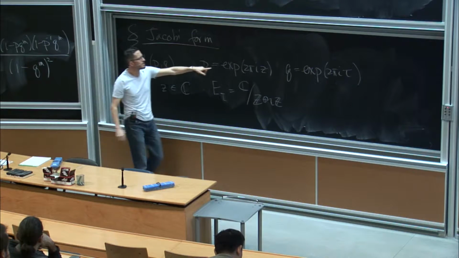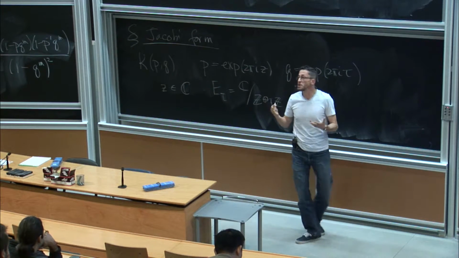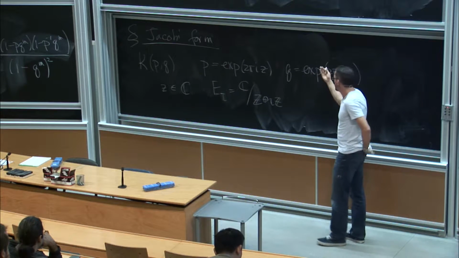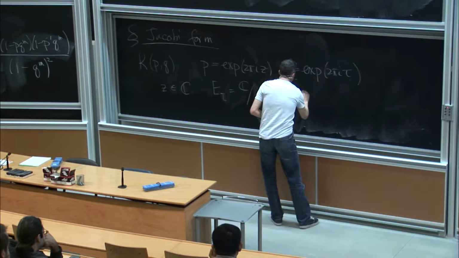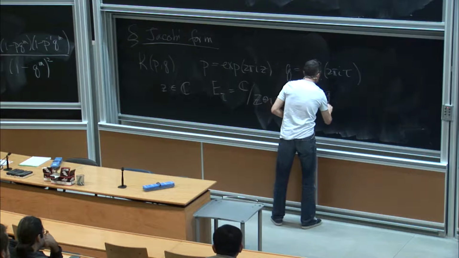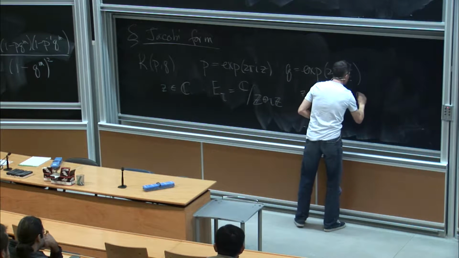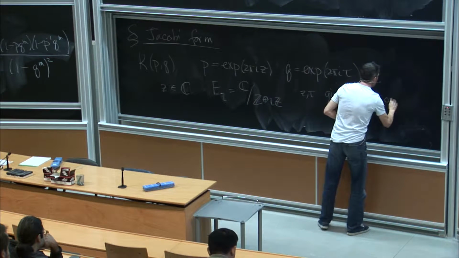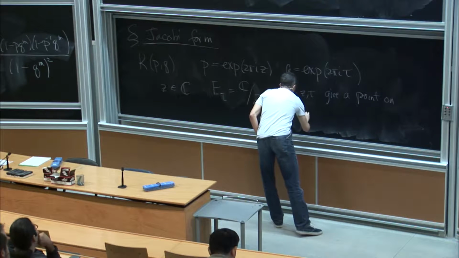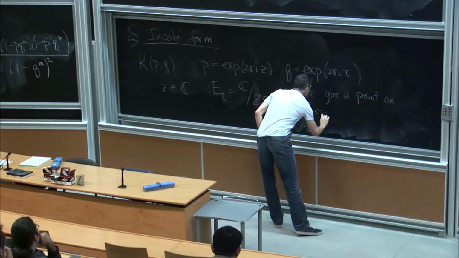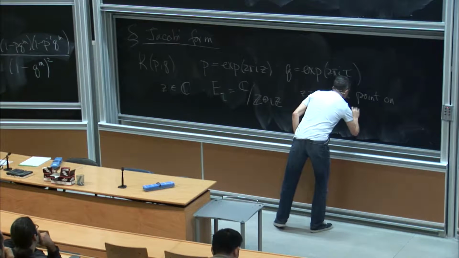So a point z and a point tau give me a point on the universal curve over the moduli space of curves. So z, tau give a point on the universal elliptic curve.